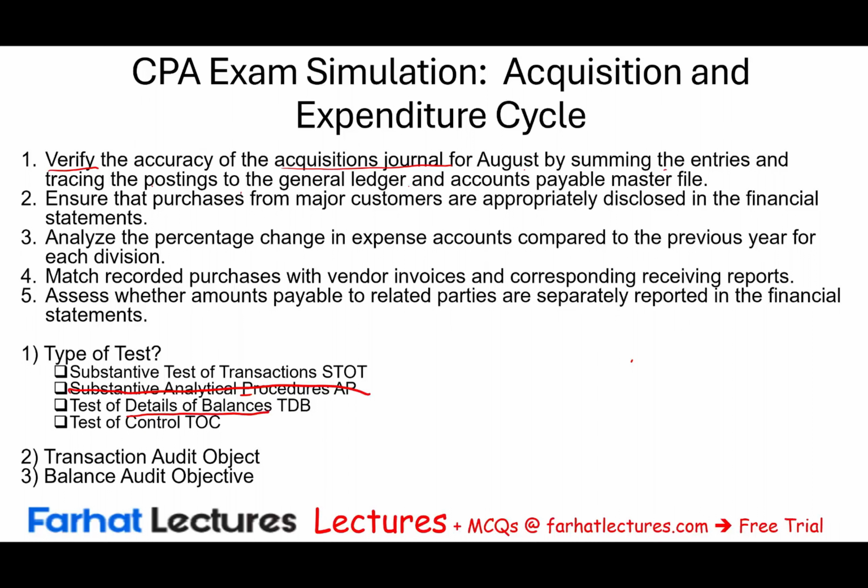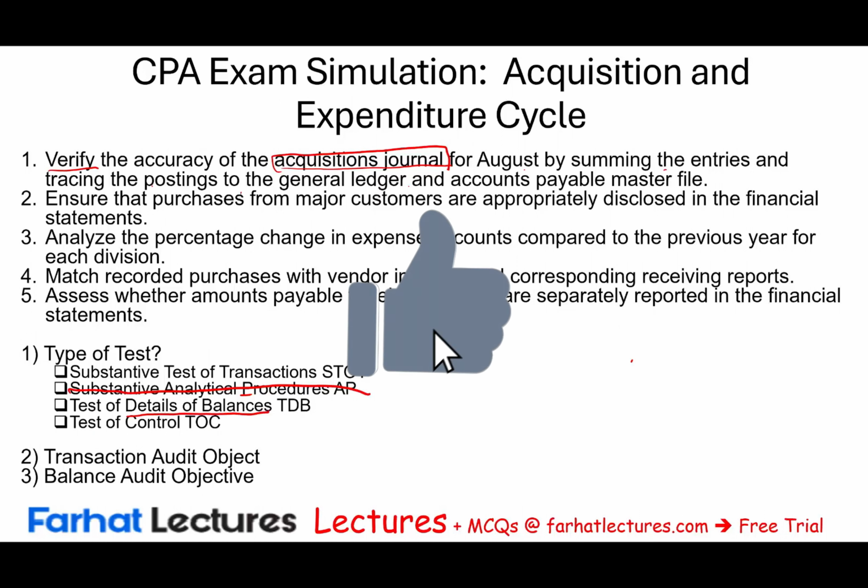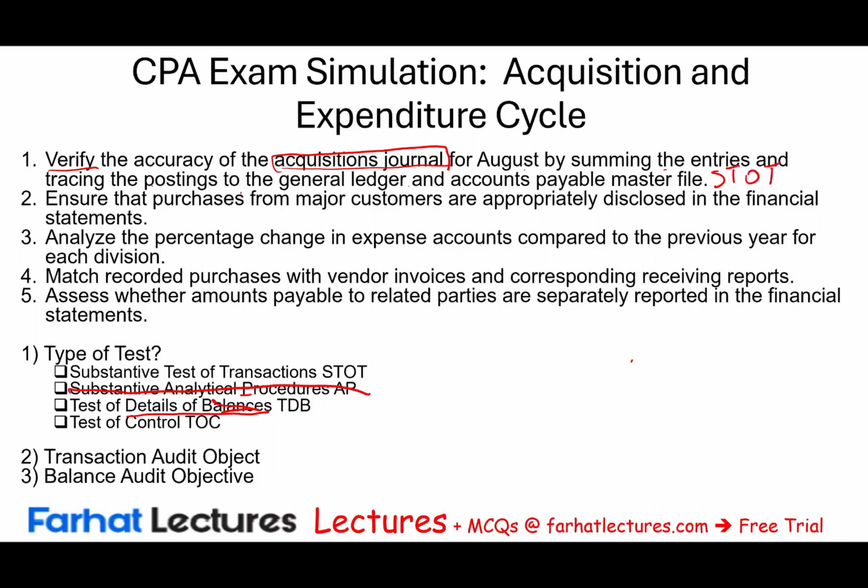Am I looking at a specific balance, a total balance, or am I examining transactions? I'm verifying the accuracy of the acquisition journal. What's in the journal? A series of transactions. So it's not balances, it's transactions, and it's not a test of control. I hope you know what a test of control is. So the first one is a substantive test of transaction.